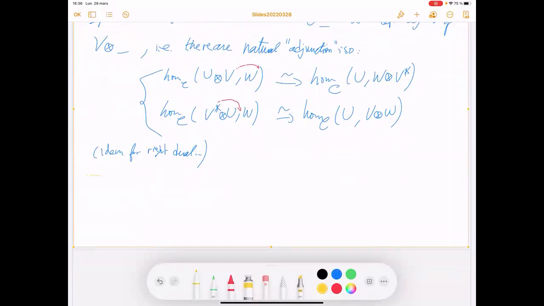Okay, so that was the end of the summary of session 12. Now we can start to summarize session 13. And we start session 13 by providing a picture for the natural adjunction isomorphism.